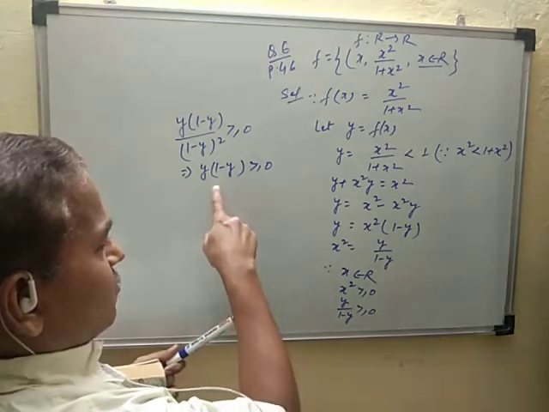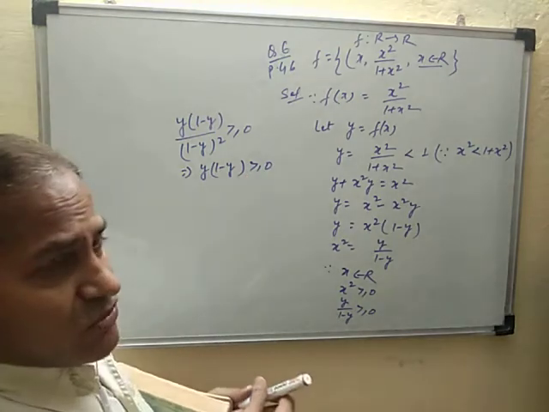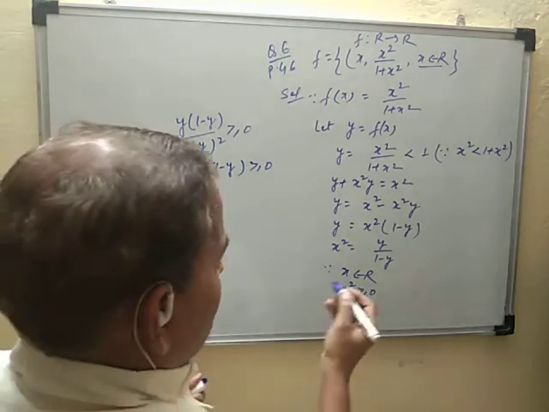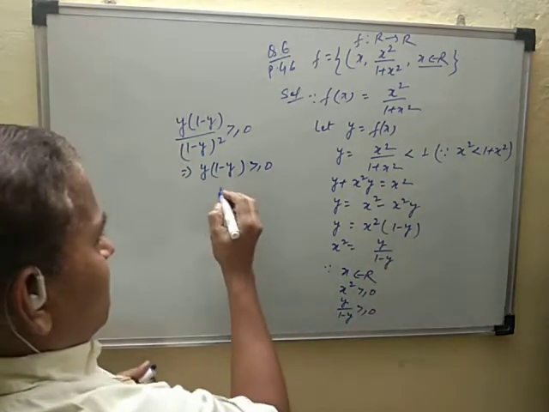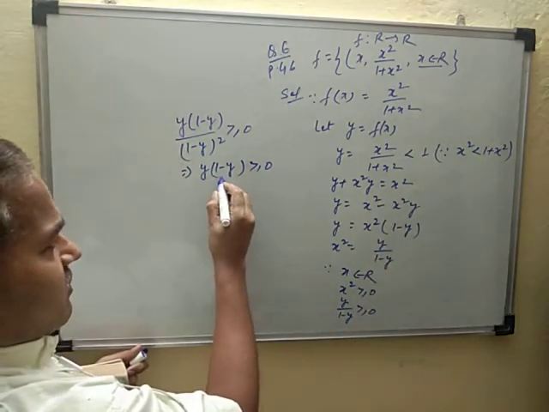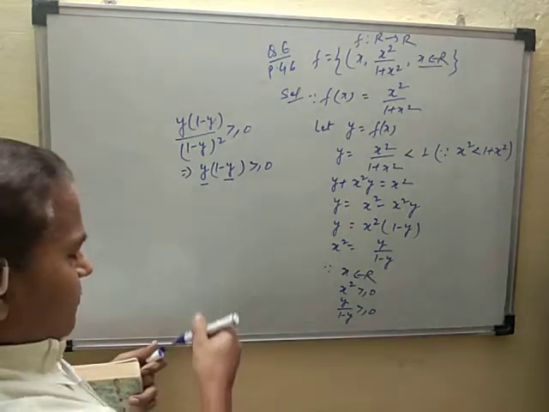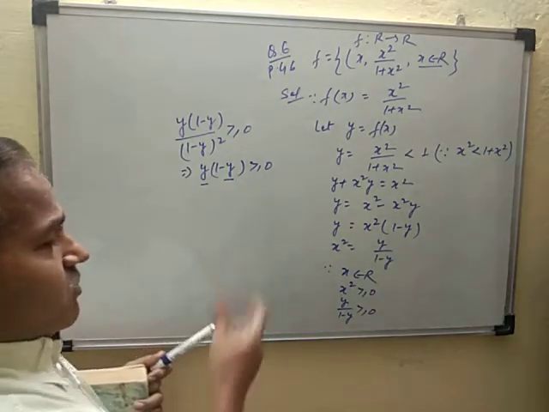Here y into 1 minus y is greater than or equal to 0, and x square is a real value. Both are positive because the product is greater than or equal to 0.